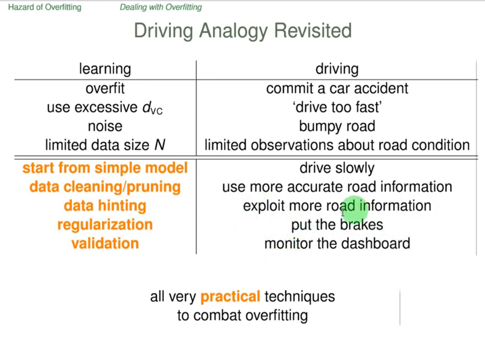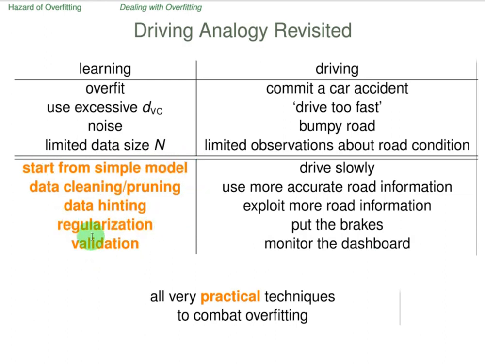These are some of the things that we may follow to avoid car accident. In learning, we must start from simpler model, okay, to avoid overfitting. Or consider cleaning or pruning the data if your data is noisy, or data hinting, okay, regularization, so putting the brake, the validation.